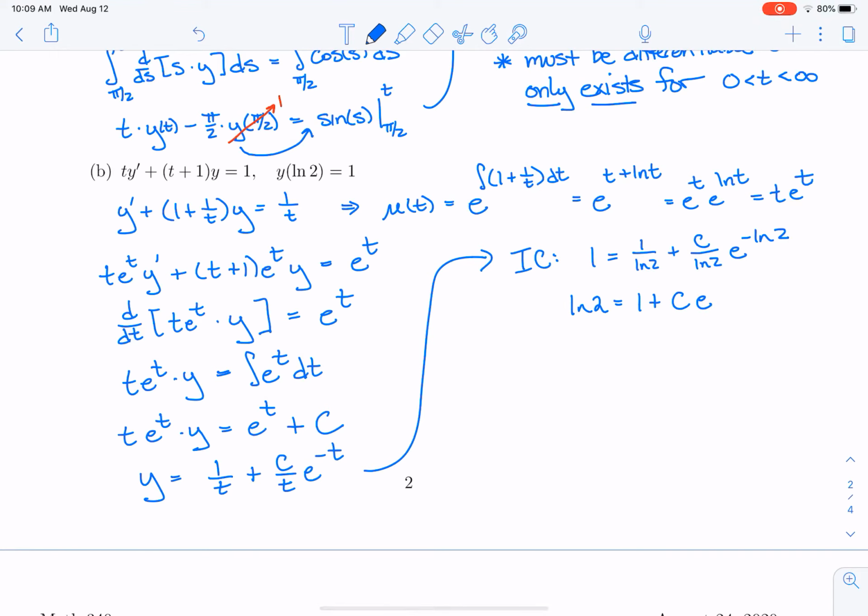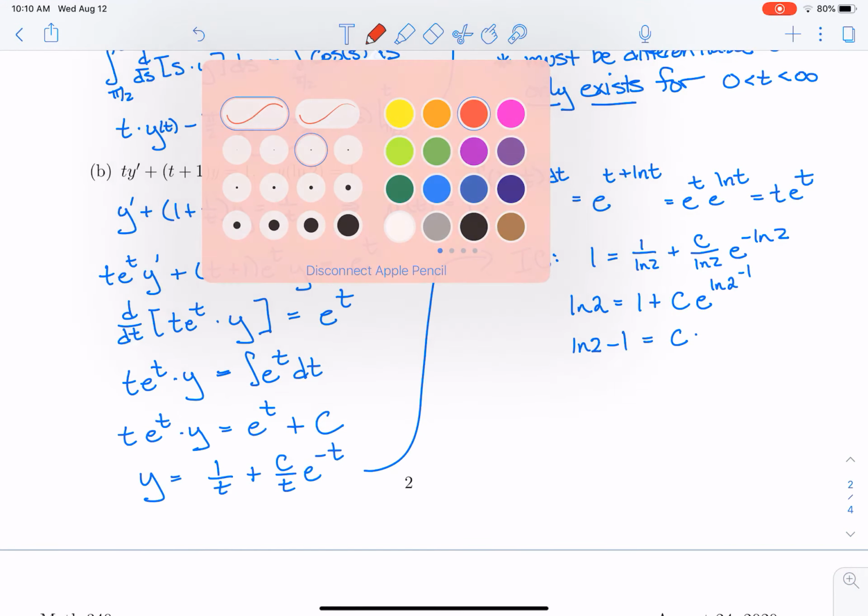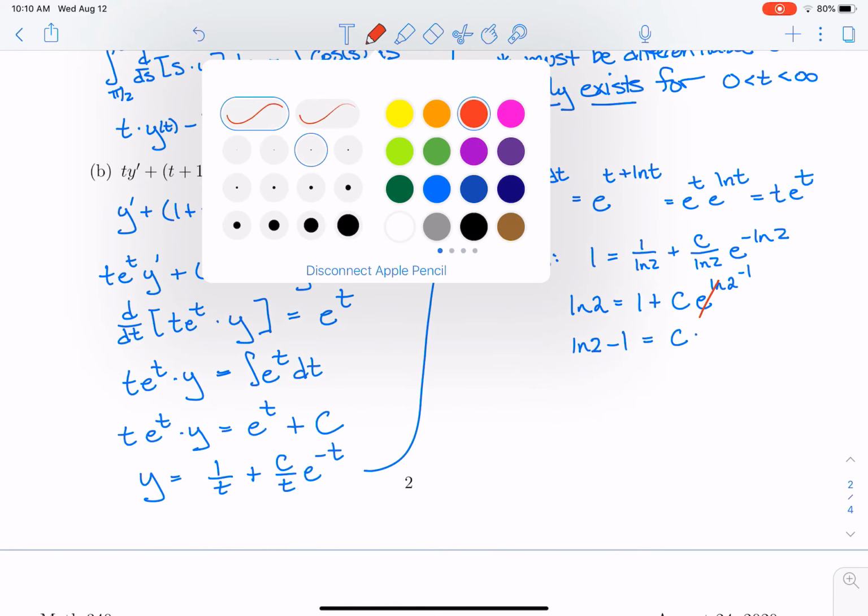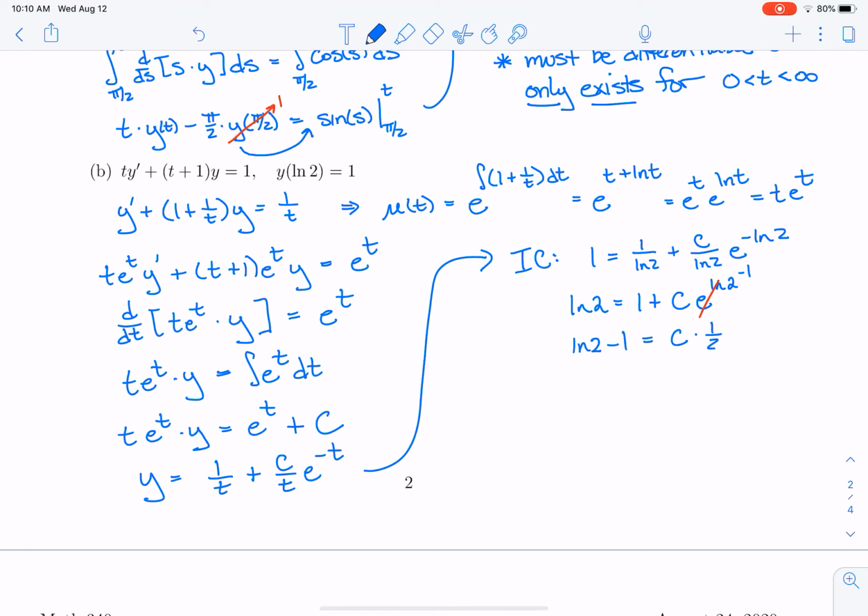So that's going to be e to the natural log 2 to the minus 1 power. Okay, so natural log of 2 minus 1 is going to equal, let's see, c times, that's going to be e to the natural log 2 to the minus 1 power. So the e and the natural log cancel. 2 to the minus 1 is a half. Okay, so c is equal to 2 natural log 2 minus 2.